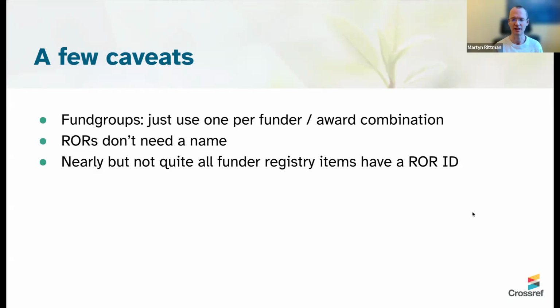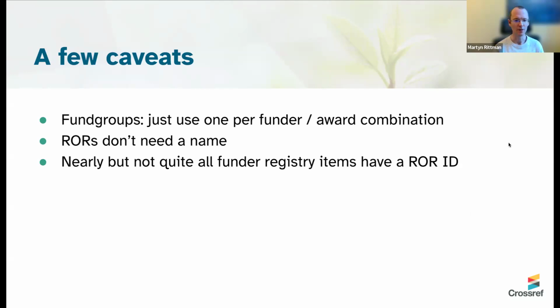And so there's a relatively small number of funder IDs which refer to funding programs and not funding organizations, and those don't have a ROR ID. So if that's an issue, or if you're an organization that's been using those funder IDs for funding programs, there are different ways you can represent funding programs in the metadata. And we're going to produce some guidance about how to do that, and some best practice guidelines for our members.